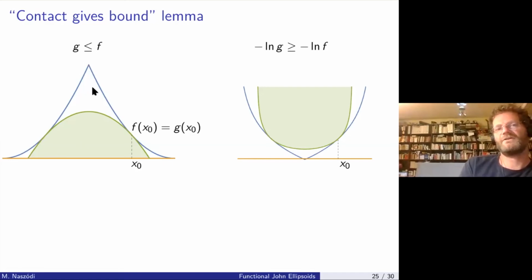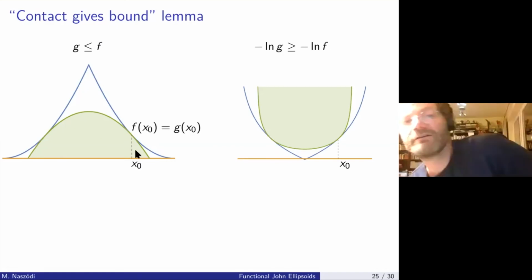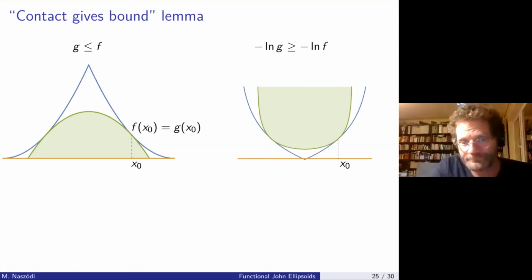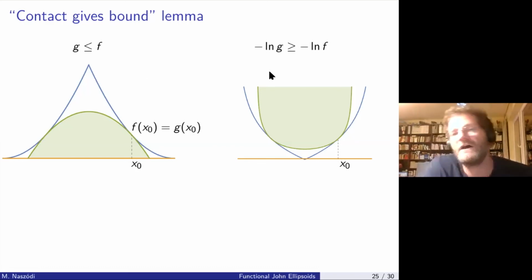So here we have our log-concave function, this blue function, and this green function is the margin of our ellipsoid, and we look at a contact point, a point where they touch. Now we're talking about log-concave functions, so take minus the logarithm, and we get convex functions, right?